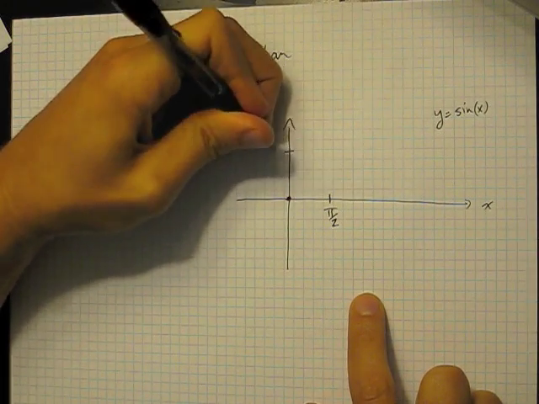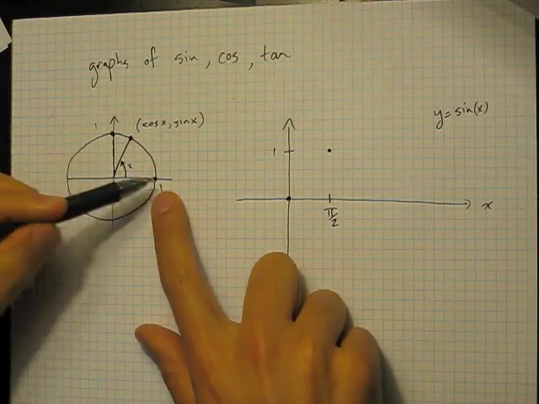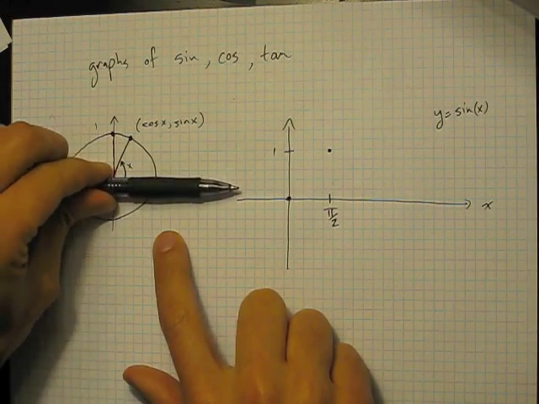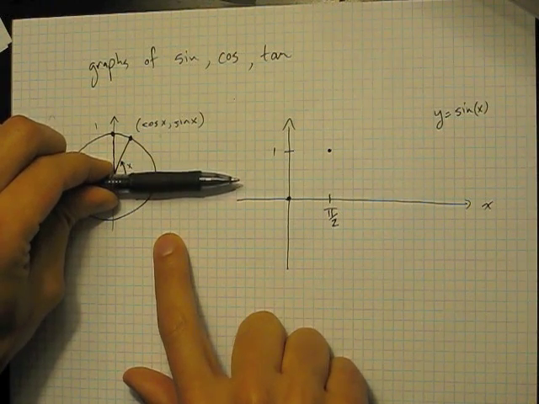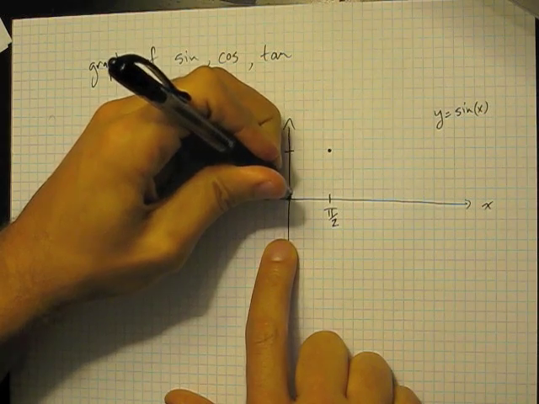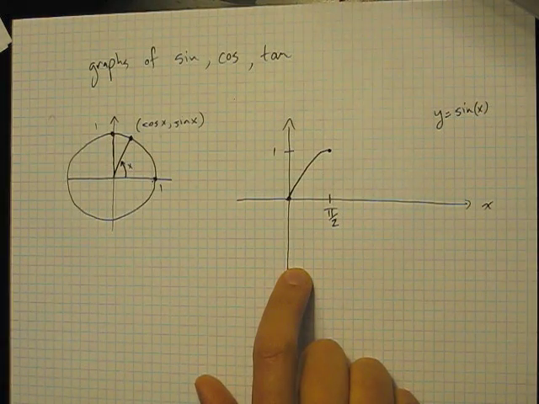So we'll put 1 there. And so what will happen is that as the x value ranges from 0 to pi over 2, so as this angle of inclination goes from pointing directly to the right to pointing straight up, the point on the y-coordinate should rise to be 1.